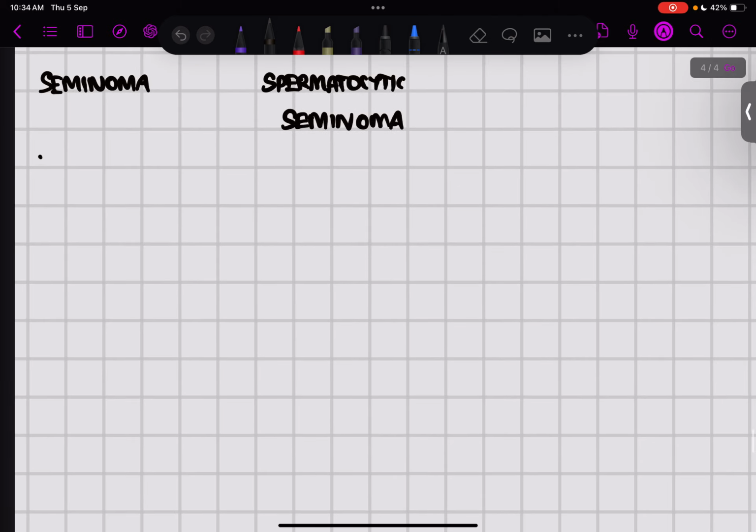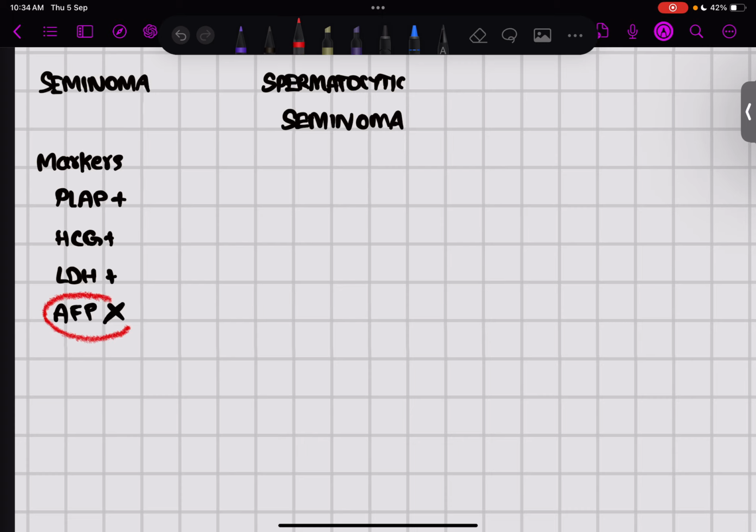Going on to the markers. Markers are PLAP positive, HCG positive, LDH positive. Alpha fetoprotein will never be positive. Now here we go with the mnemonics 1, 2, 3, and 4.